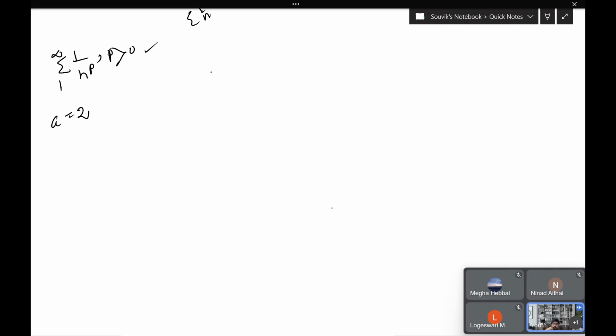What about Logosuri? Are you trying this? So Megha or Ninad, anyone for the answer? It is convergent. Yeah, for which p? For any p greater than 0? No, no. Check your solution again.